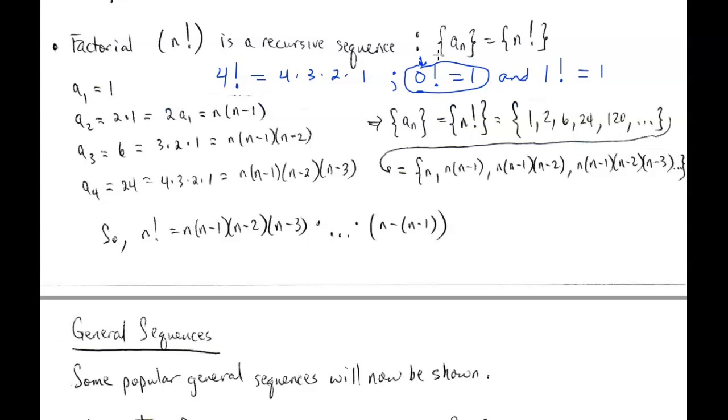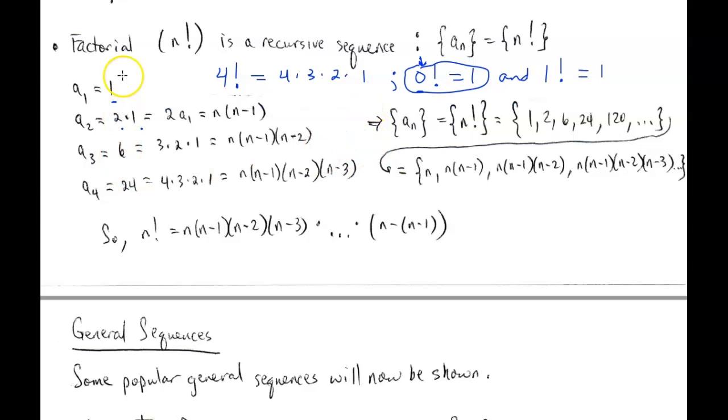In general, though, if we were to define this as or write it as a recursive sequence, we'll start off by saying that the first number in the sequence is 1, and then the second one will just be, of course, 2 times 1. Third one will be 3 times 2 times 1. And you can see how that kind of morphs into what the factorial is.